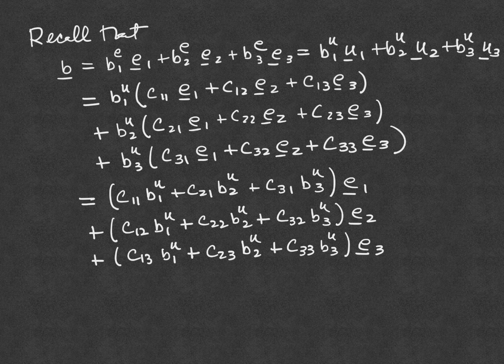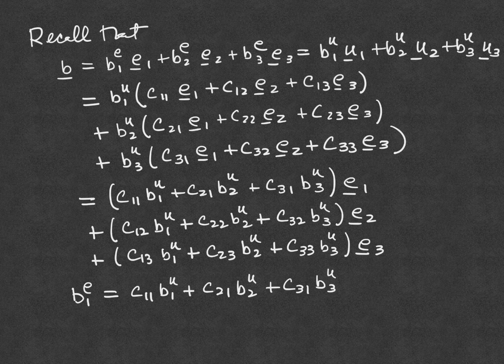B1e is equal to c11 b1u plus c21 b2u plus c31 b3u.